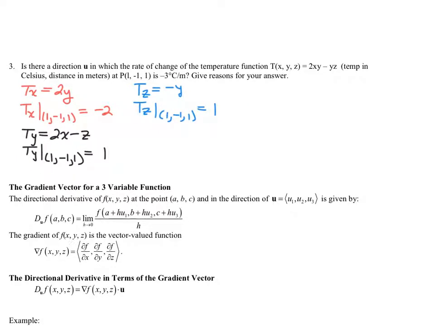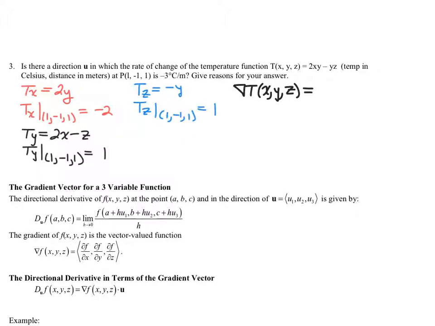All right, so what it'll do is it'll come up with the gradient vector, just because we covered that, might as well. It's got 3 components.